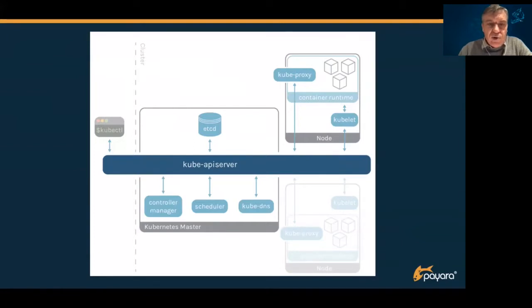So today we are going to concentrate on that API server, what you can do with it, how you can extend it so that you can use it for your own automation, for your own specific requirements.